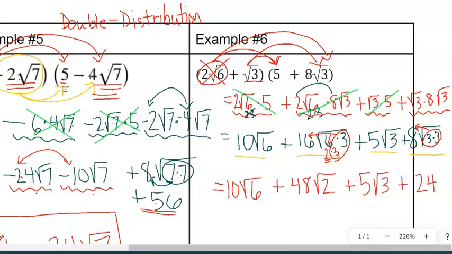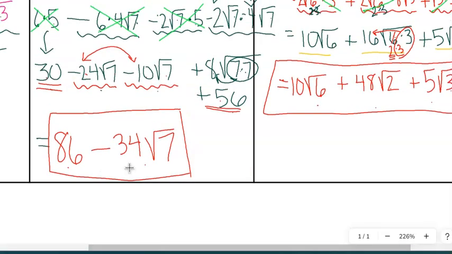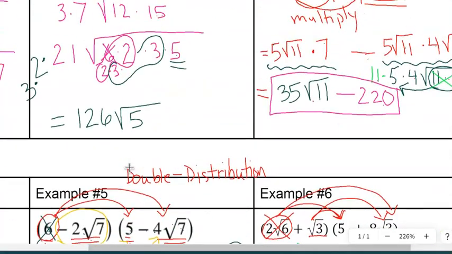And I don't have anything left in a radical, so I don't have anything left on this answer. Now, I still have 4 terms, and we want to see if any of them can be combined. I've got root 6, root 2, root 3, no root. Since they all have different roots, we can't combine them. And this is our simplified answer. It doesn't look very simplified, but it is. So a lot of different scenarios can happen. It depends on what roots you're given, what terms you can simplify, things like that.